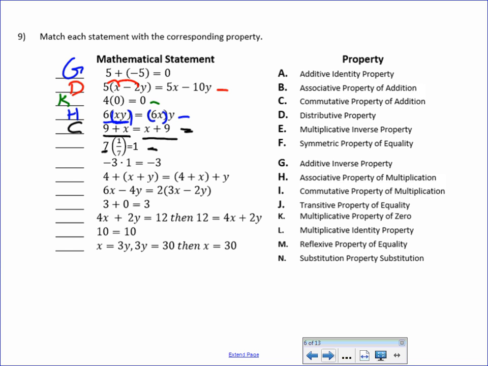This is also something times its inverse, and so that's going to be the multiplication inverse property. For this next line, -3 times 1 is -3. And despite what Terrence Howard says, anything times 1 is itself, and that's the multiplicative identity property.